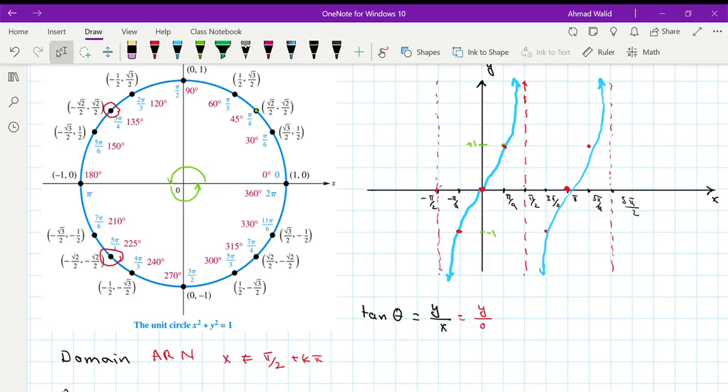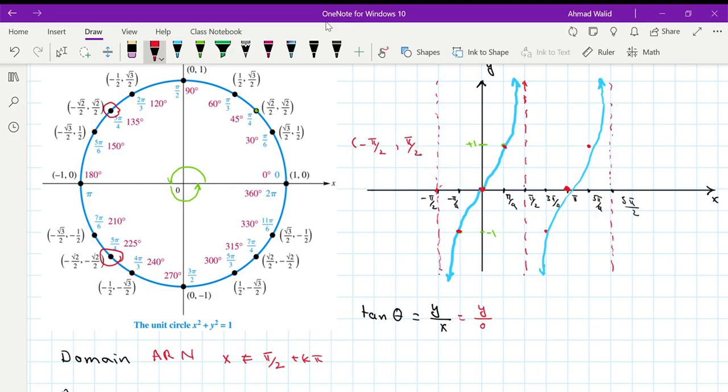The period is pi, but remember, later when I do transformation, I'll explain to you, the graph of tangent is kind of tricky because the period doesn't start from 0. Actually, you see your period starts from negative pi over 2 to where? To pi over 2.